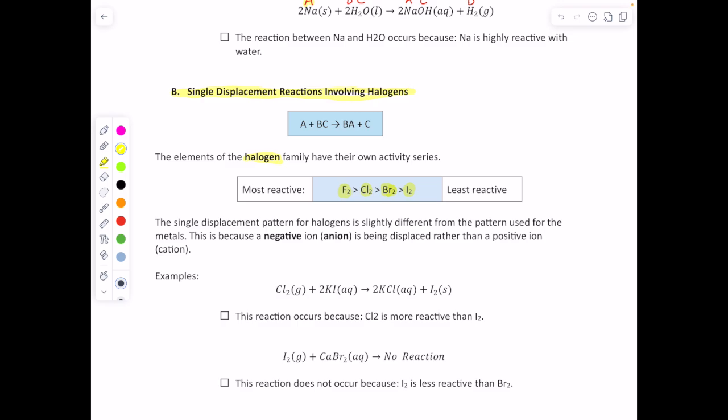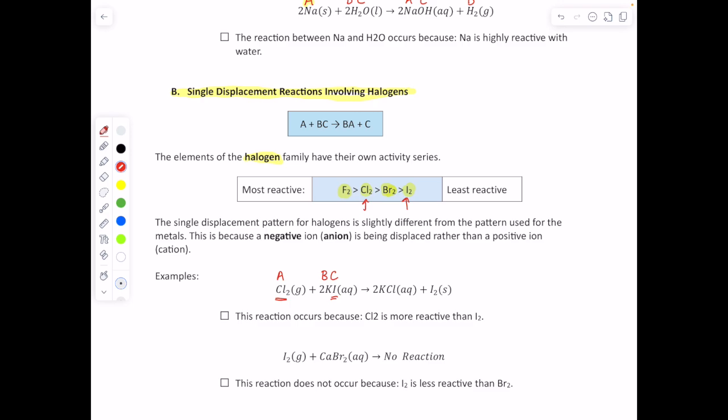So in this example, we have chlorine and potassium iodide. Chlorine is more reactive than iodine.